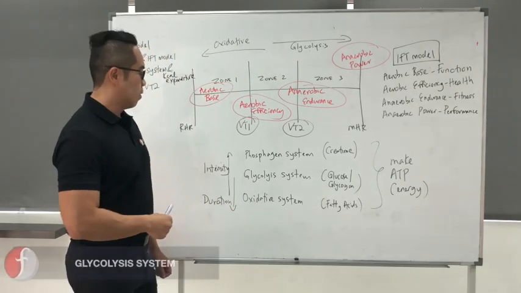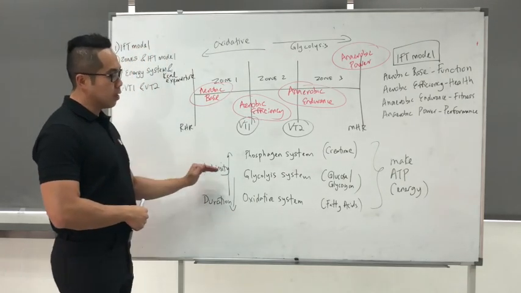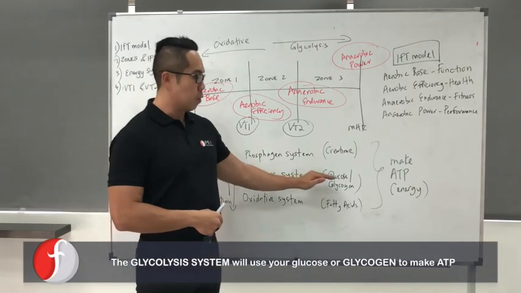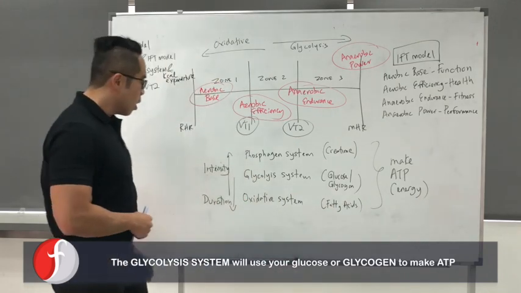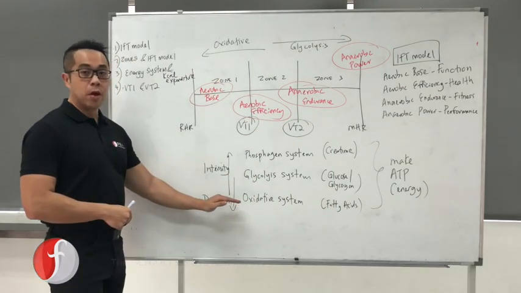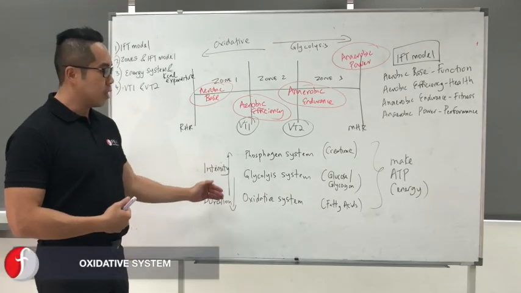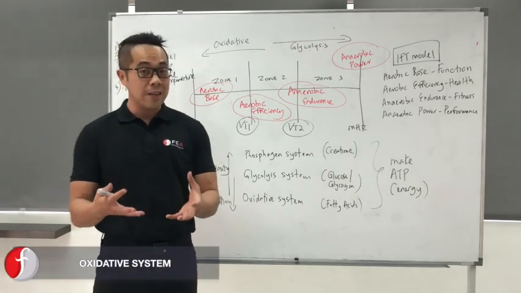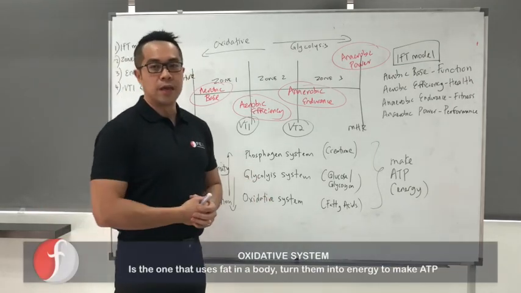The second system we call the glycolysis system. The glycolysis system will use your glucose or your glycogen to make ATP. The last system will be oxidative. This is probably why a lot of people will be interested to hear, because the oxidative system is the one that uses fats in the body, turning them into energy to make ATP.